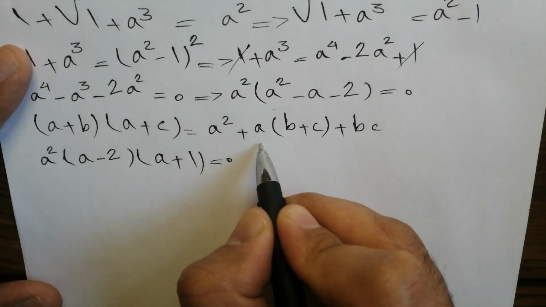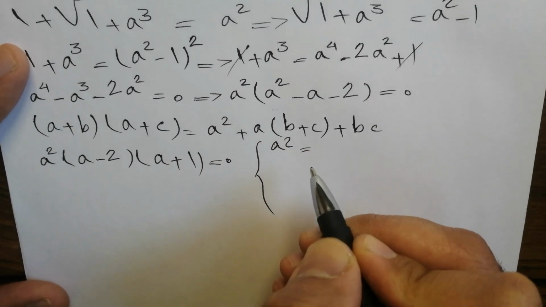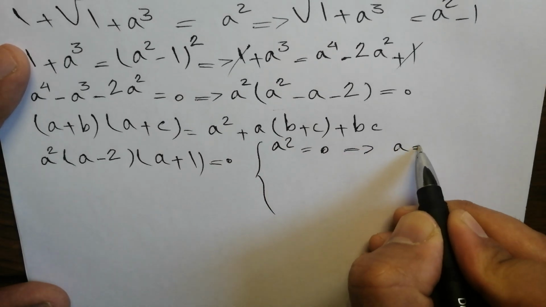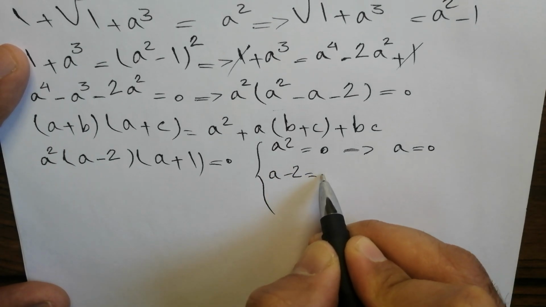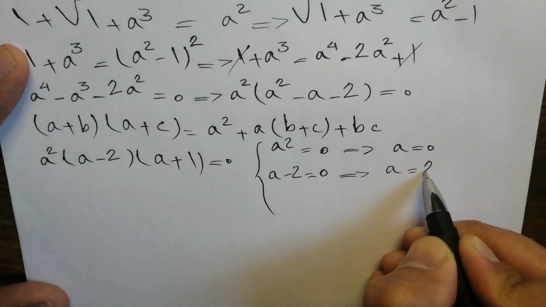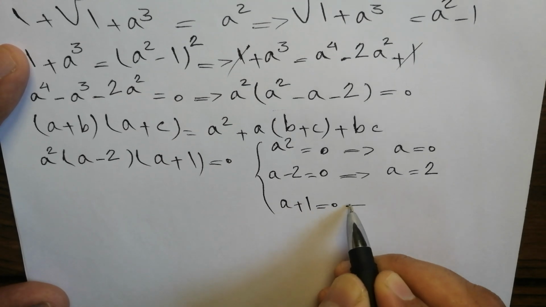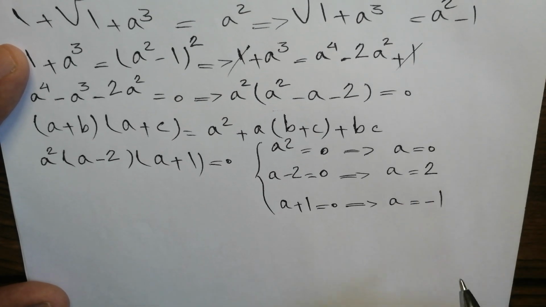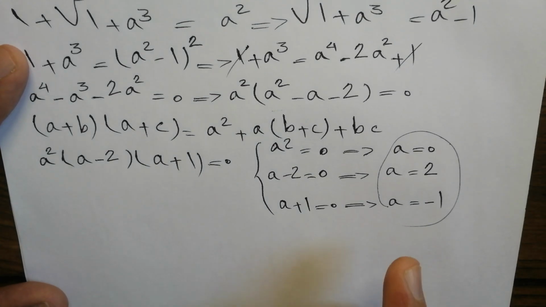From this equation, we have three options now. Either a squared is 0 and a is 0, or a minus 2 is 0 and a is 2, or a plus 1 is 0 and a is -1. So now we have three different values for a.